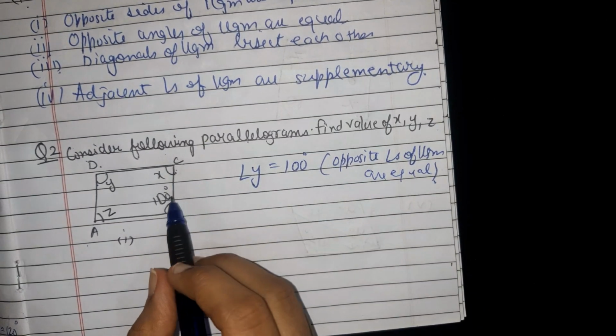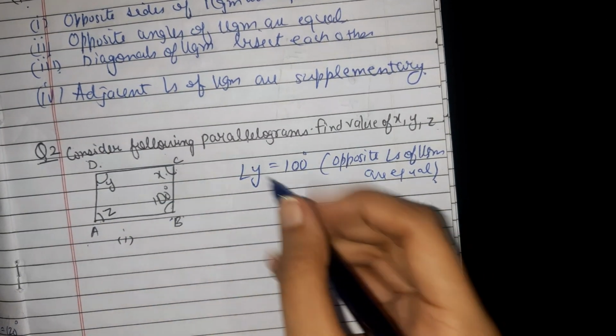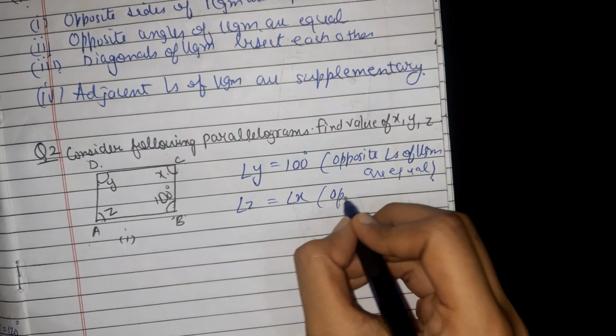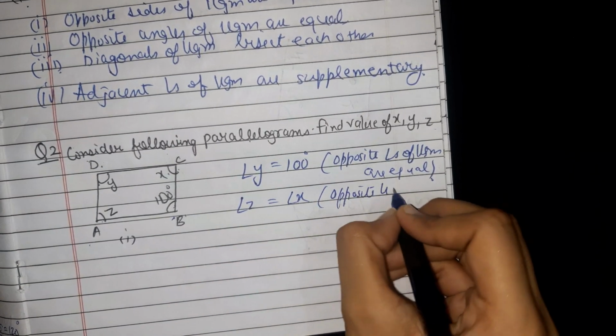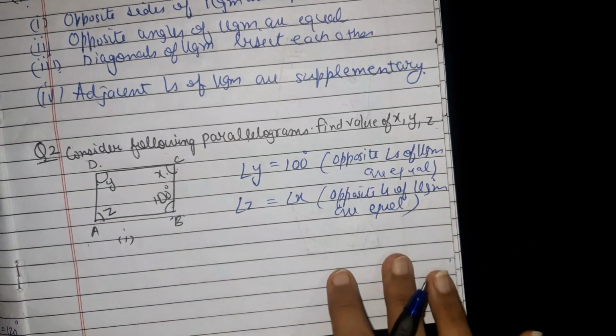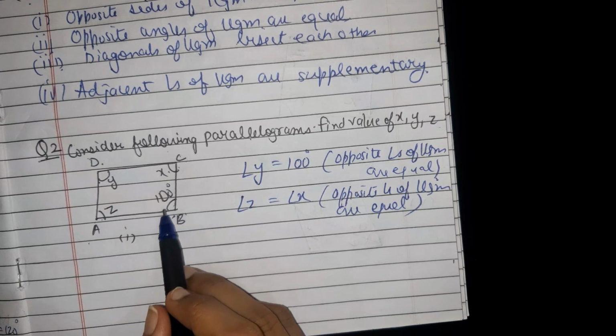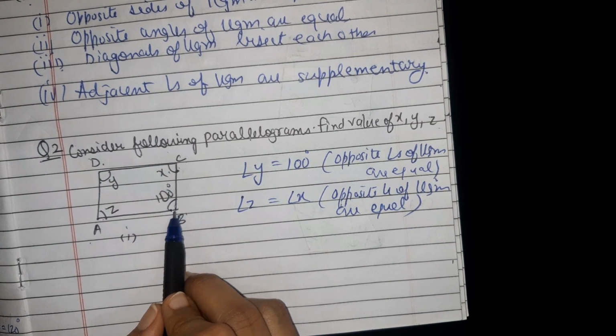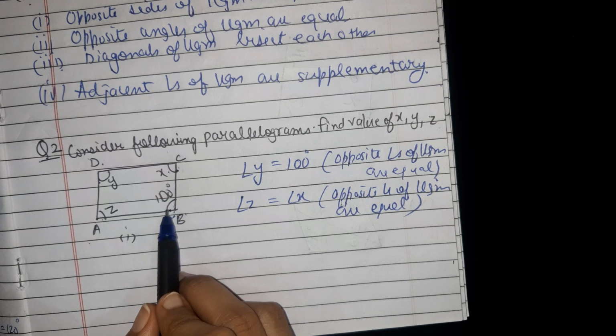Next, angle z is equal to angle x. Angle z will be equal to angle x. Similar reason, opposite angles of the parallelogram are equal. And now we have also discussed that the adjacent angles of the parallelogram are supplementary.